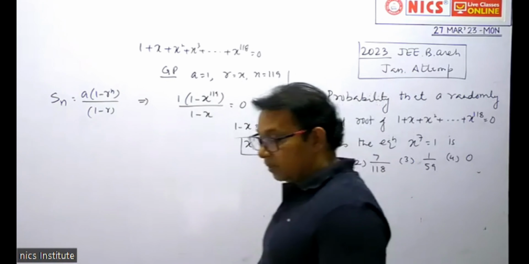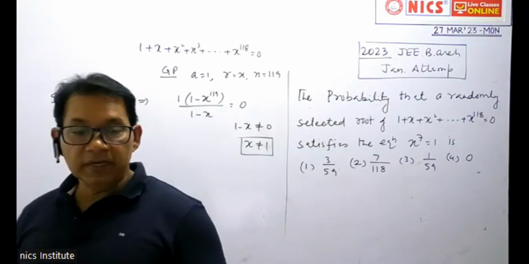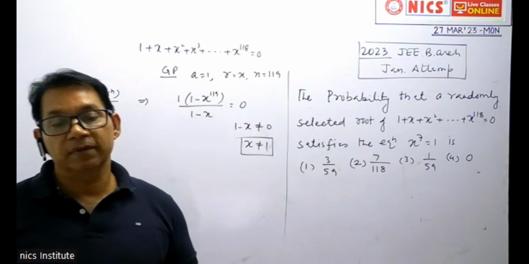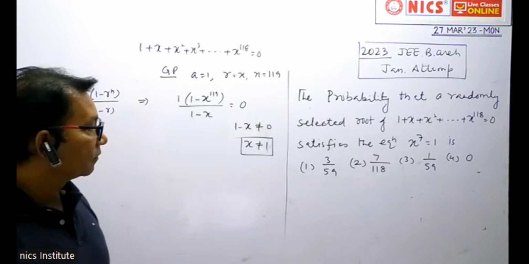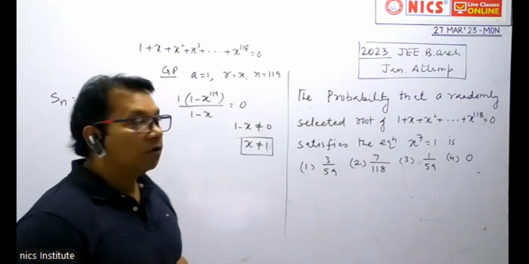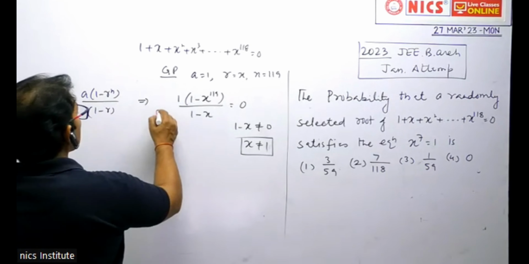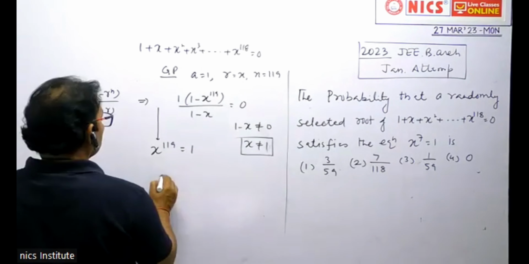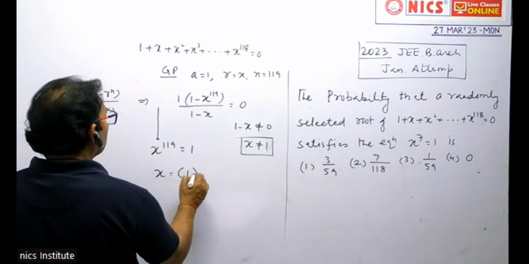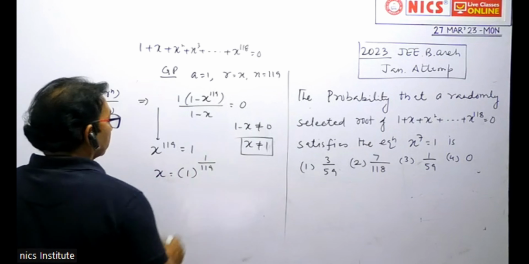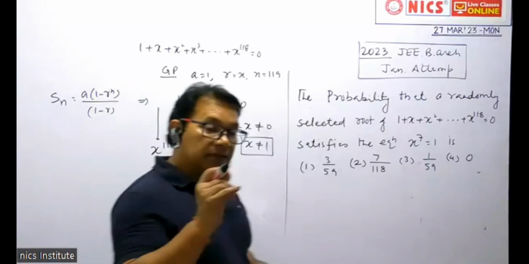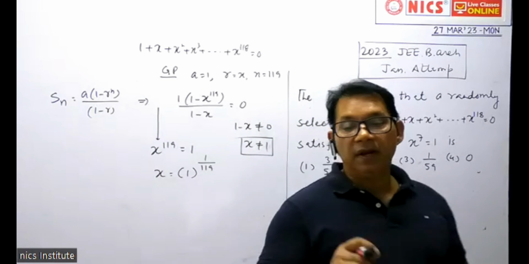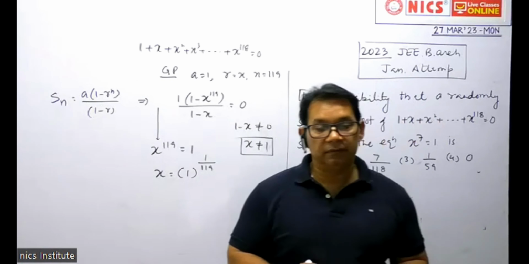Now this involves the concept of sequence. Also, it is from complex numbers. Look at this. This is x to the power 119 is equal to 1. That means x is equal to 1 to the power 1 by 119. This is the 119th root of unity.